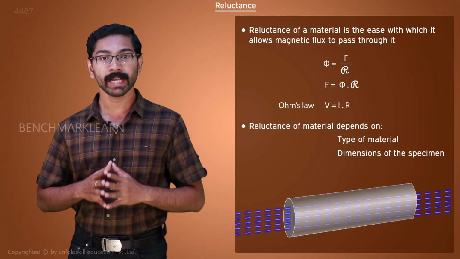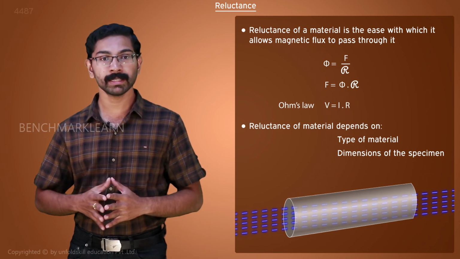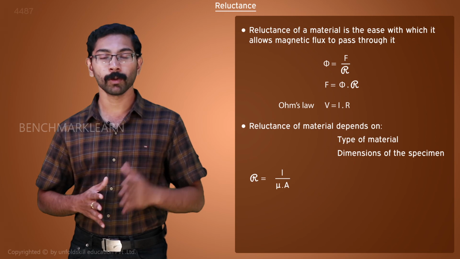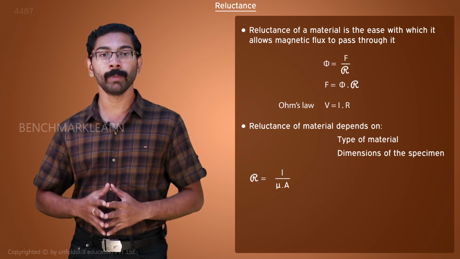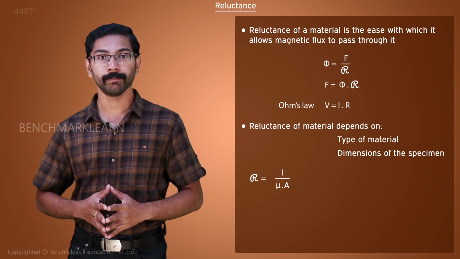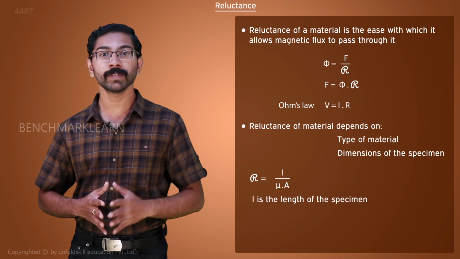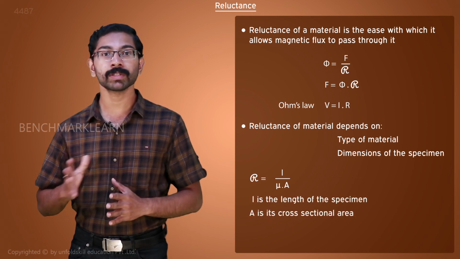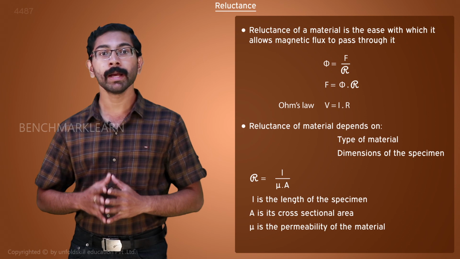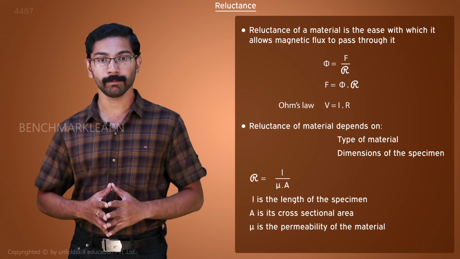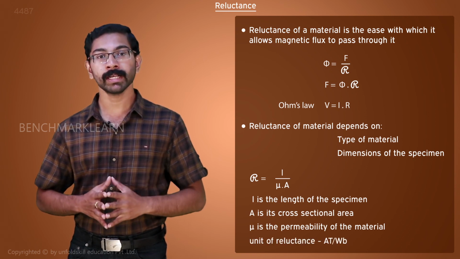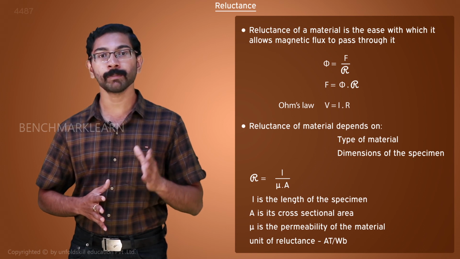Combining these, we can write an expression for reluctance as R is equal to L divided by mu into A, where L is the length of the specimen, A is its cross-sectional area and mu is the permeability of the material. The unit of reluctance is ampere turns per Weber.